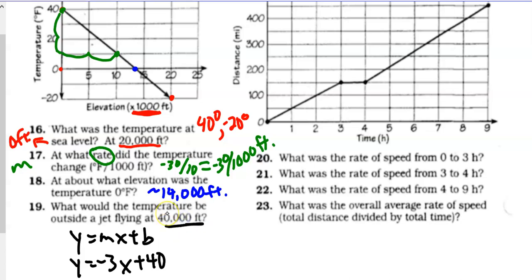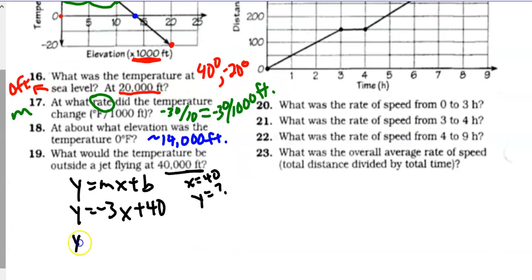Again, elevation is in terms of thousands of feet, so we really want to know, when x is 40, what is y? Plugging that in, y equals negative 3 times 40 plus 40. Solving that, negative 120 plus 40 gives us negative 80 degrees.